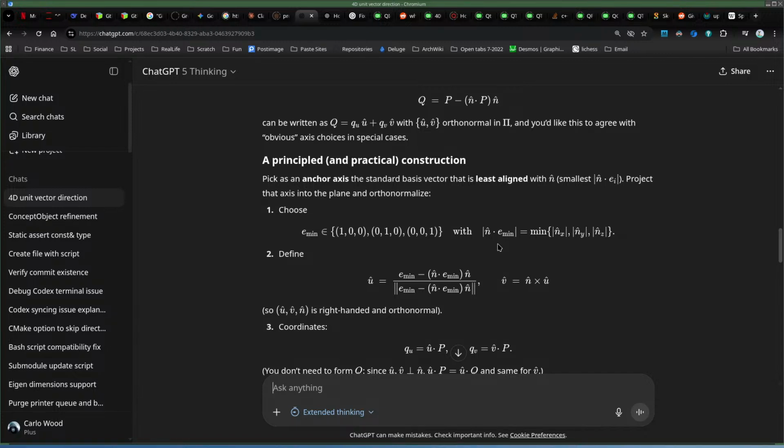Which, of course, would be the z-axis, if n is in the xy plane. So that would be e_2, supposing it starts numbering at 0.